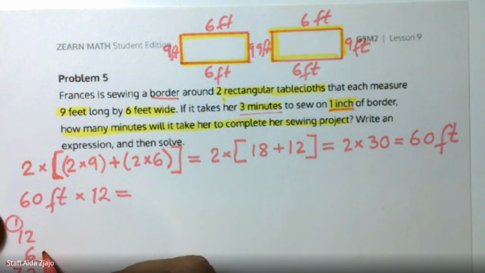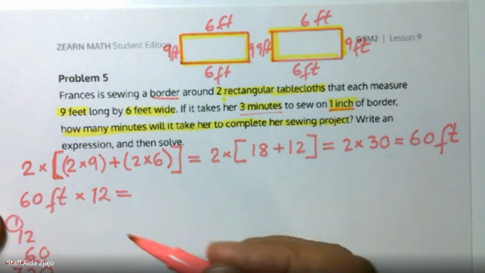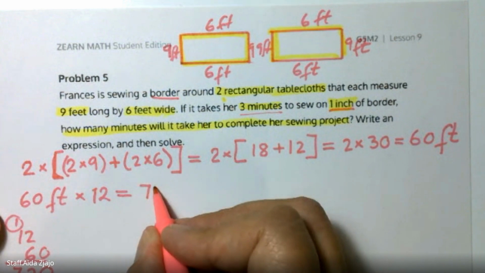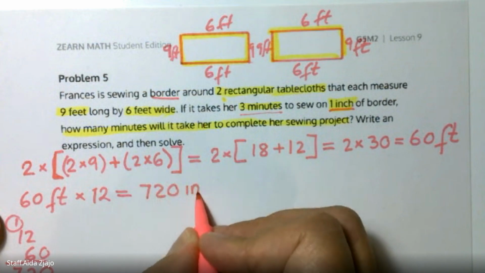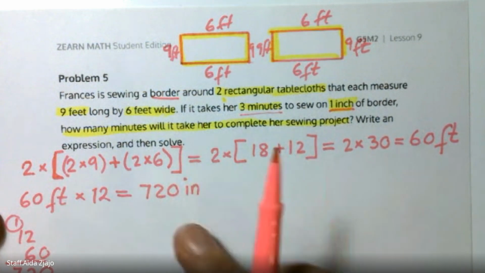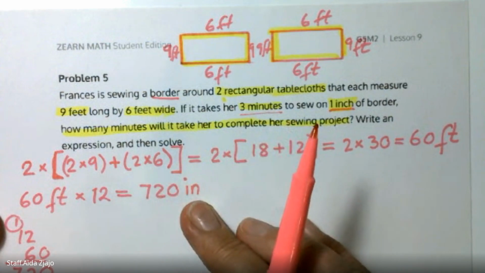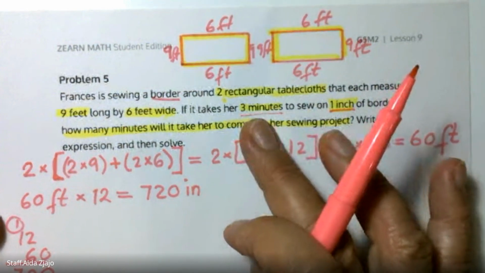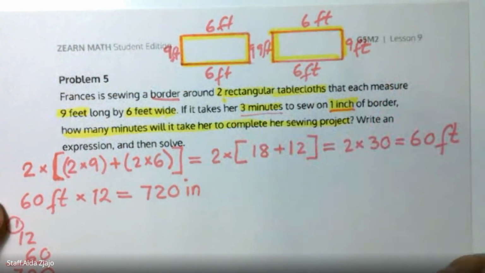So that's going to be 720 inches. So now that is 720 inches, and for each inch she's going to spend 3 minutes to sew.